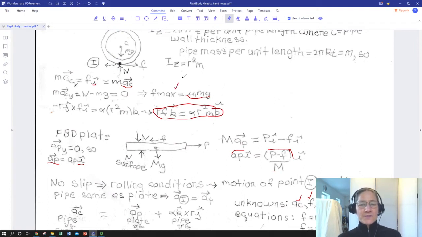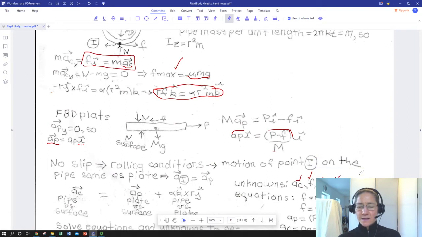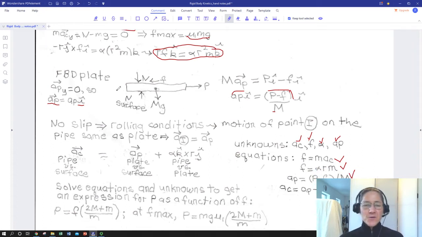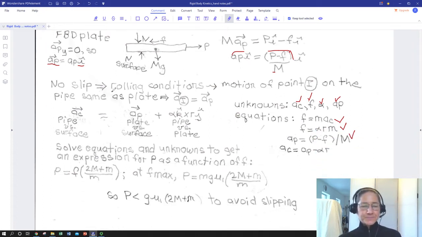We have a max frictional force, but we don't know if we're using all of it, and we have friction related to acceleration of the center of mass. So 1, 2, 3 equations coming out of our force balance acceleration relationship. So we need one more, 4 equations and 4 unknowns.